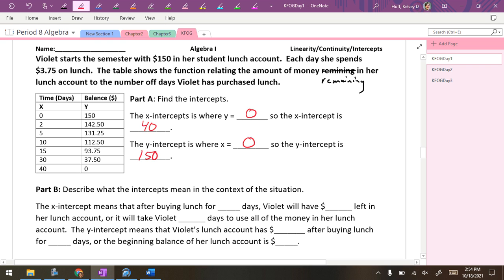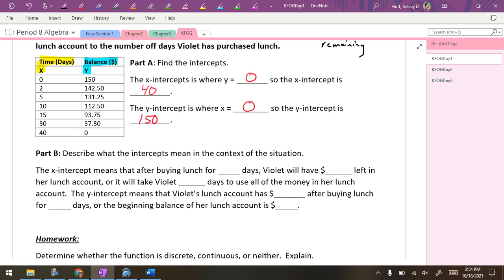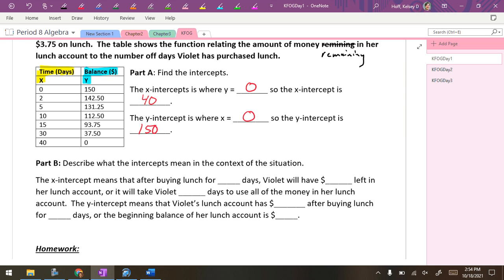As a reminder, x is our days, y is the balance, meaning how much money is remaining. The x-intercept means that after buying lunch for 40 days, Violet will have 0 left in her lunch account. Or in other words, it will take Violet 40 days to use all of the money in her lunch account.